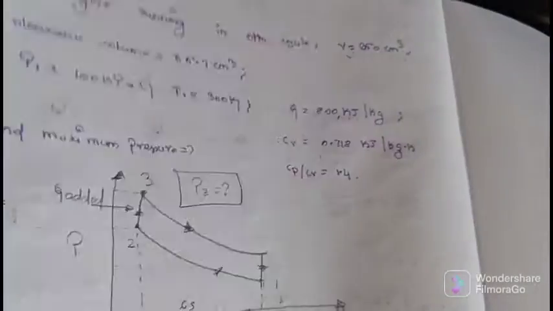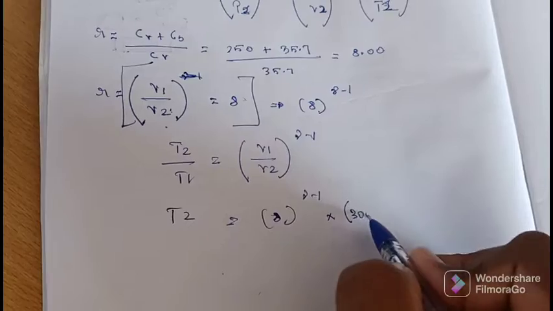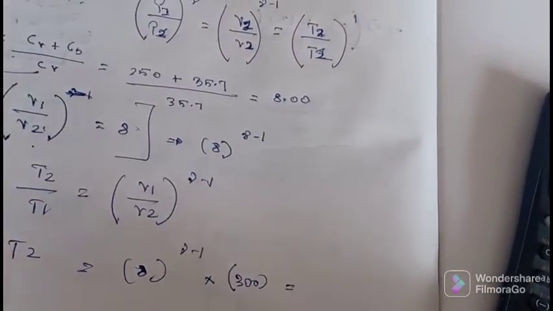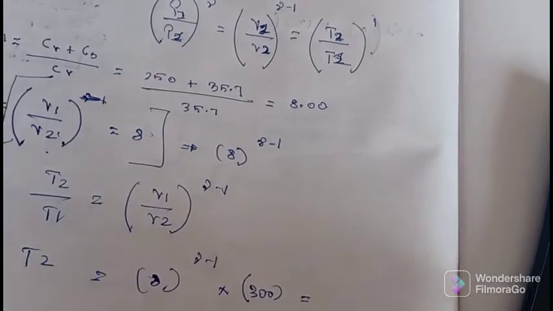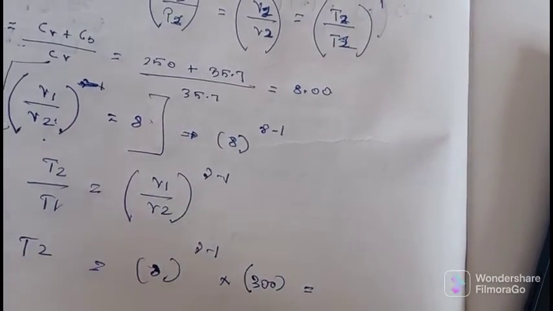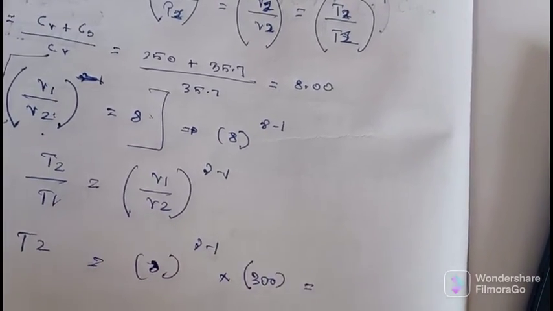The T1 value in the question is given as 300, and alpha is 1.4. So I am calculating 8 power 1.4 minus 1, which is 0.4, into 300.